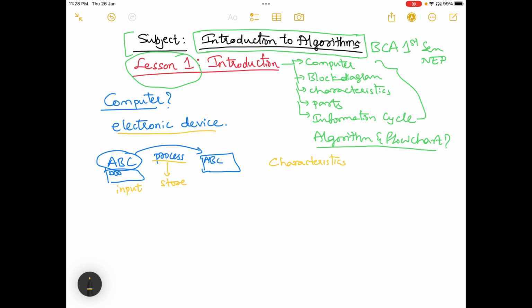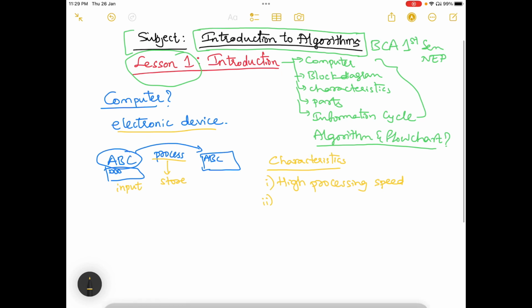So when I am working with the computer, I can say that the processing of the data is faster. That is high processing speed. That is one of the characteristics of the computer, high processing speed, right? And whenever I give a correct input, we will be getting the correct output.